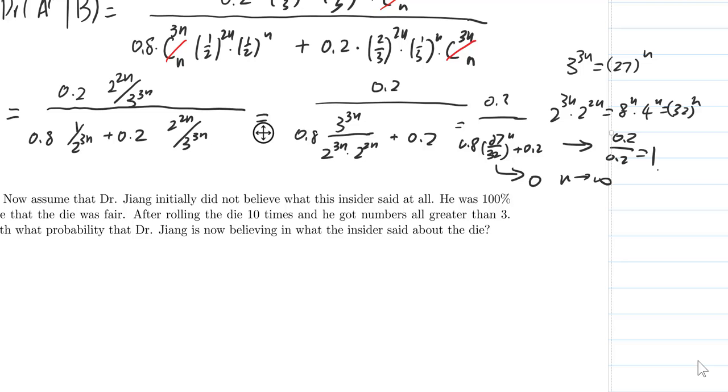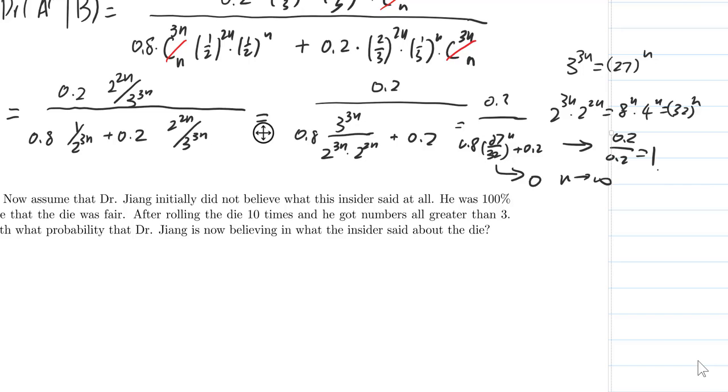Now we're going to do the same experiment. Roll the die 3n times, and with a 2-to-1 ratio, 2n times we have bigger numbers, and n times we have smaller numbers. Let's see if his belief is also modified with these experiments.